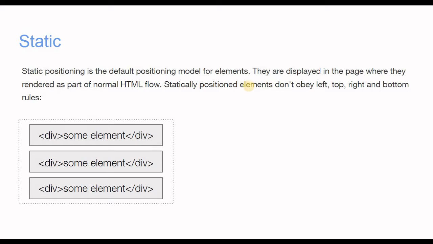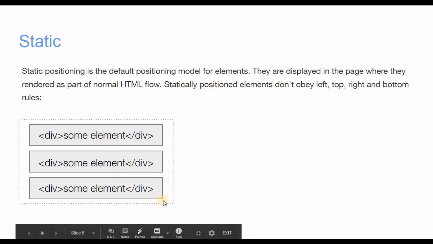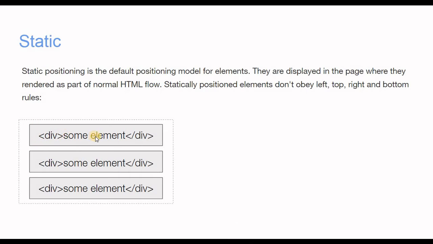Let's imagine all this dotted area is your screen, and we are using an element inside your screen, like this div element. This element is basically depending on its position. What is the position?